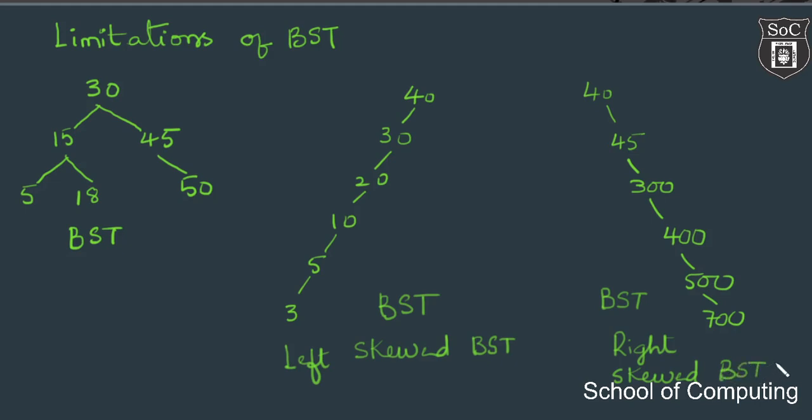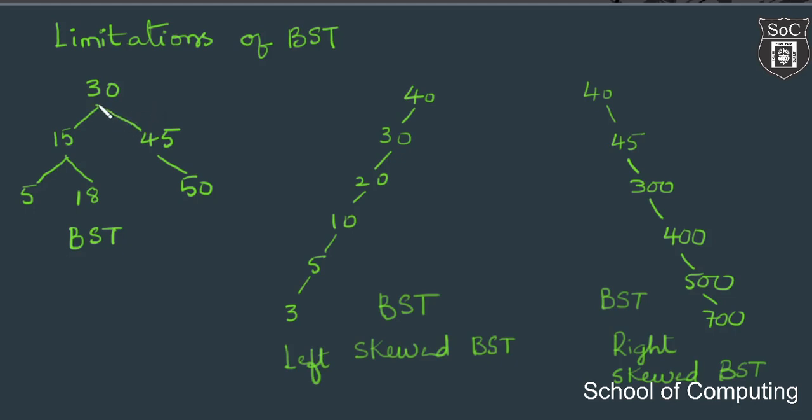Now, what is the problem with a left skewed or right skewed binary search tree? Look at the first example. If I am searching for, let us say, 5, I will get 5 in hardly 3 comparisons.